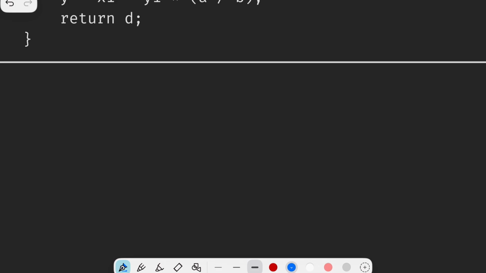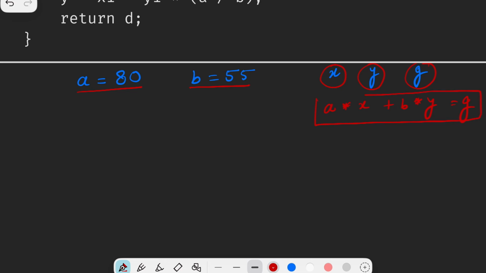For the better understanding, let's take a problem where we have a as 80 and we have b as 55. So they have given us a value, they have given us value of b, they are asking us to compute x, y and g which satisfy this particular equation.